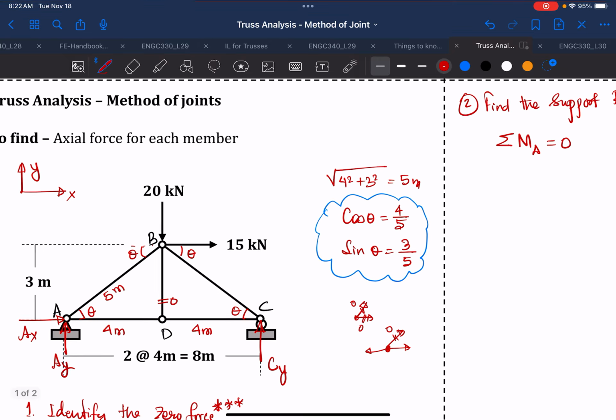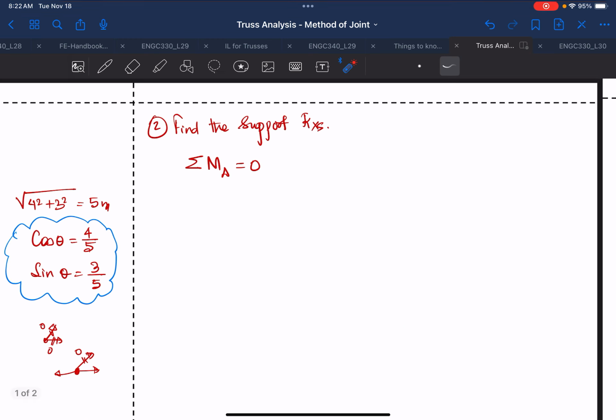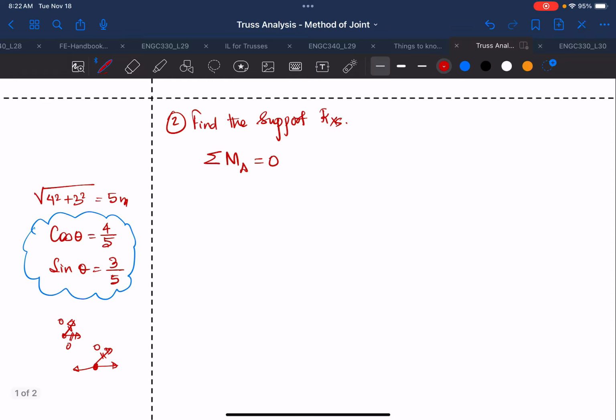And what forces do you see about A? We'll find here that this Cy, because this is a perpendicular distance, will apply a counterclockwise moment. Remember that if it is counterclockwise it's positive, and if it is clockwise it's negative. So we have Cy times 8 meter, and this is counterclockwise.